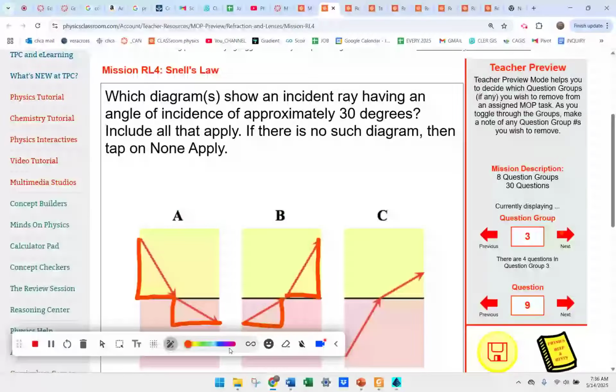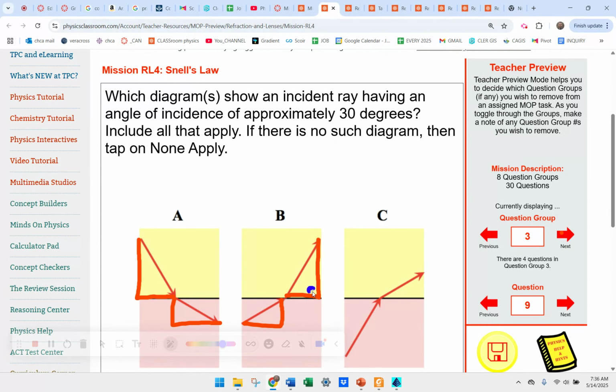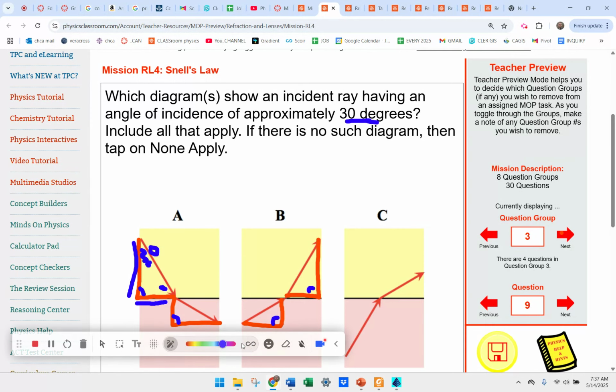And so if these are 90 degrees, and one of them is approximately 30, this one would be 30, because your other option is 60. And clearly you would want the smaller angle there, because this side is shorter on the smaller angle. This side is longer on the bigger angle. And so that's how you kind of know which one's 30 and which one's 60.